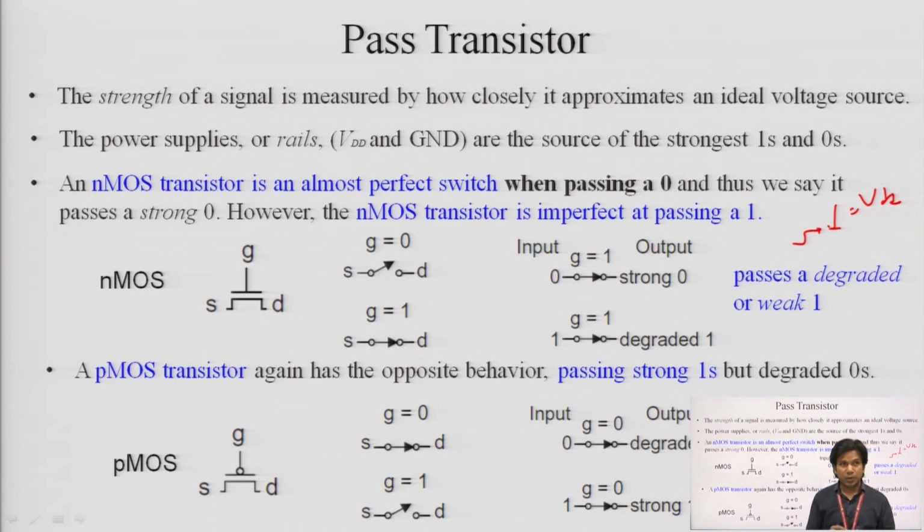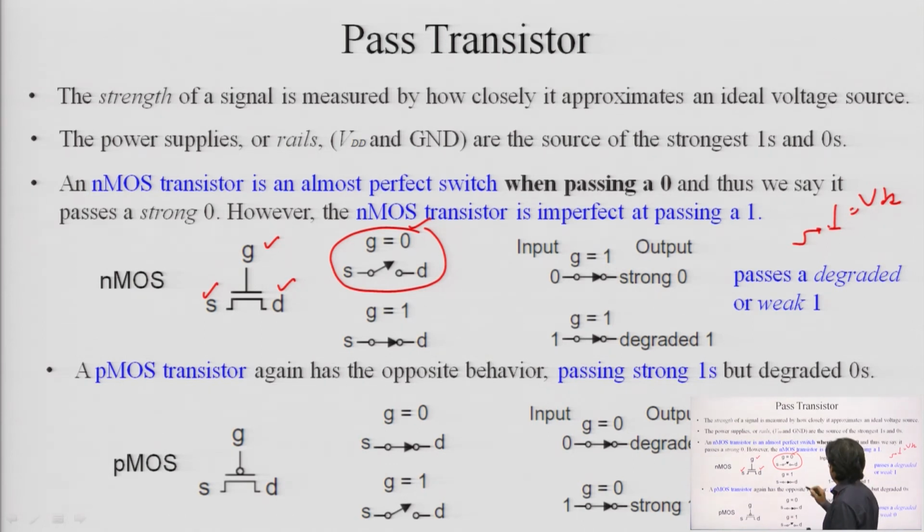Now, we will see both NMOS and PMOS, and which one is giving a strong one and which one is giving a weak one. In the NMOS, you can see we have a gate, G is gate, S is source and D is drain. I have taken both cases, if the input is 0 and if the input is 1. When we have a 0 case, at that time this switch is in off condition.